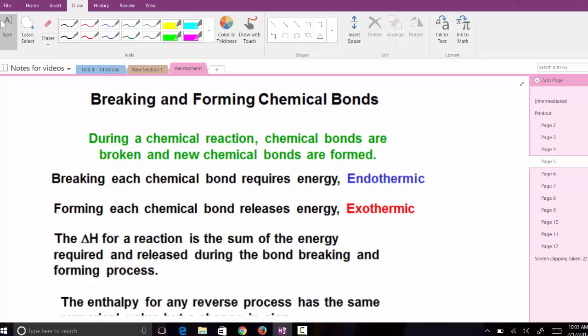Bond formation releases energy. Your delta H is basically the energy required versus the energy released. If the energy released is greater, then we have an exothermic reaction, a negative delta H. If the energy needed to break the bonds is higher than the energy released when the products form, then we have an endothermic reaction, or a positive delta H.